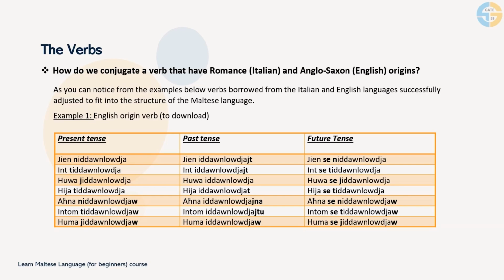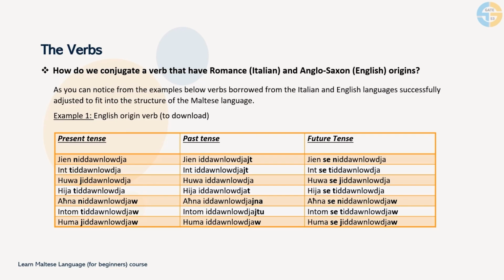As you can see, it's interesting how the English and Italian verbs were adjusted to fit the structure of the Maltese language. So a lot of the rules apply to them as well, but with some differences.